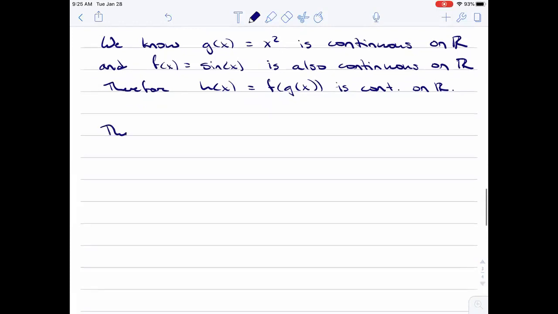Let's talk about the intermediate value theorem.